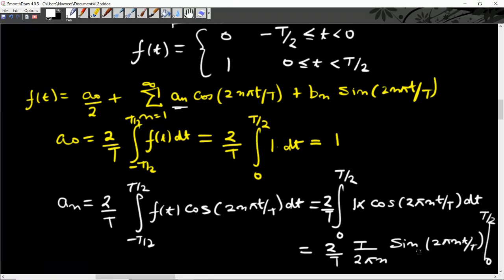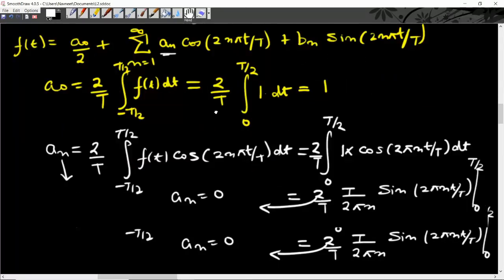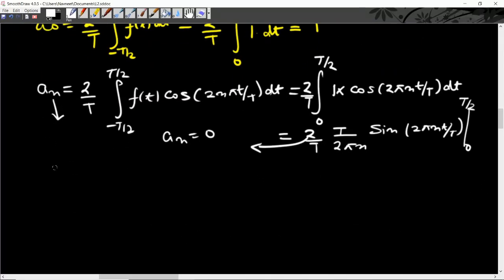So when I put the limits, we will see that I'll get terms like sine pi n, and another term would be sine of 0, and both of them are 0. So we'll say that this coefficient an is actually 0.